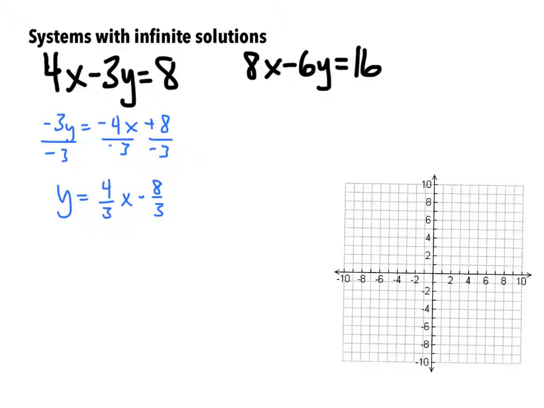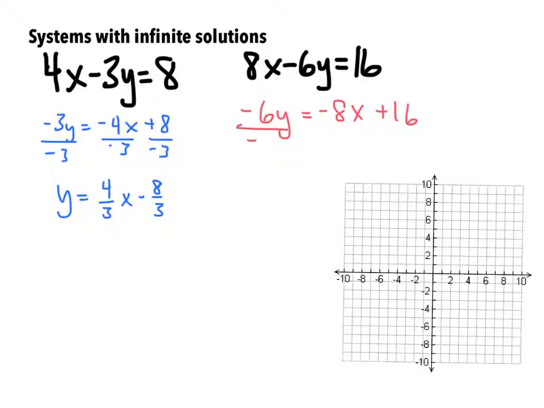Now, before we even graph this, because it might be a little difficult with this negative 8 over 3, which is about negative 2.6 repeating, let's look at the other line. If I solve this for y, I have negative 6y equals negative 8x plus 16.